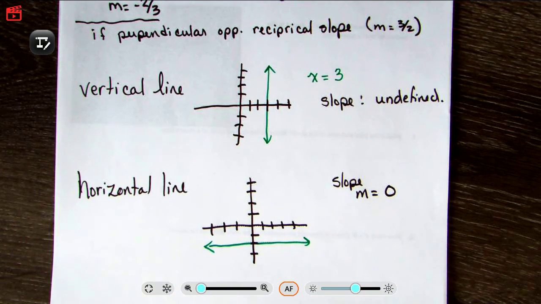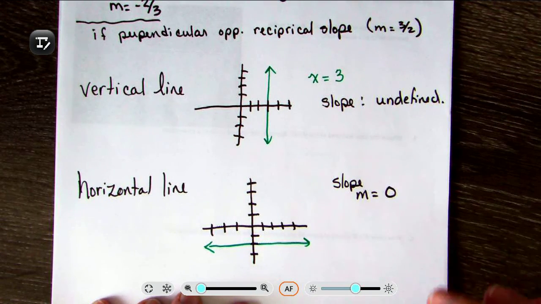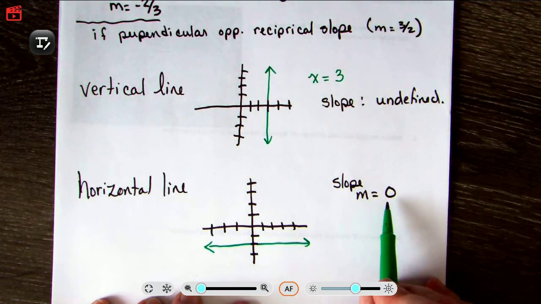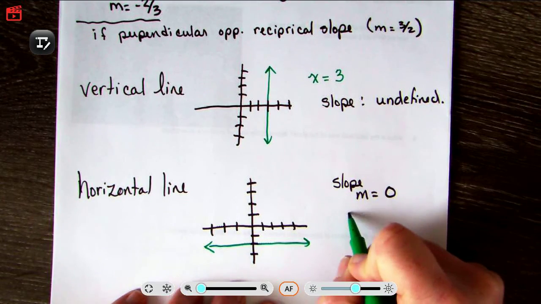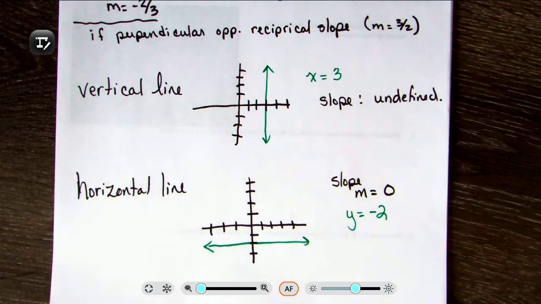There is no slope. It's said to be completely flat, no positive nor negative. And if you look at any point on this line, the y value does not change. Also, in y equals mx plus b, the mx piece will disappear because it is 0, and you'll just get y equal to b. And in this case, that intercept is -2.